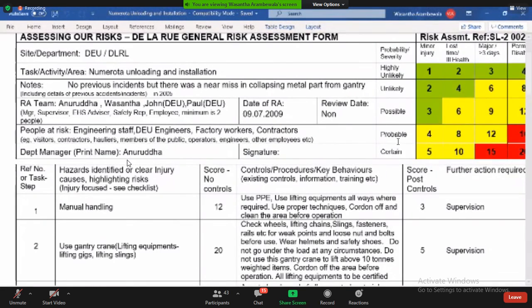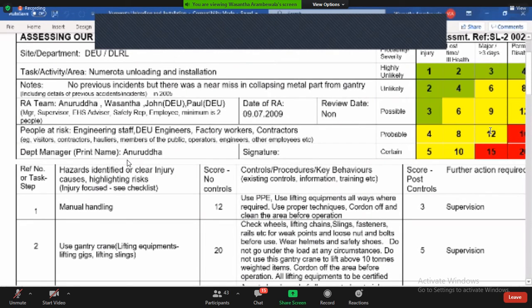It could be probable, right? What would be the severity? It could be more than 3 days. So 4 into 3, 12. That's the 12 level. What are the controls the company has?